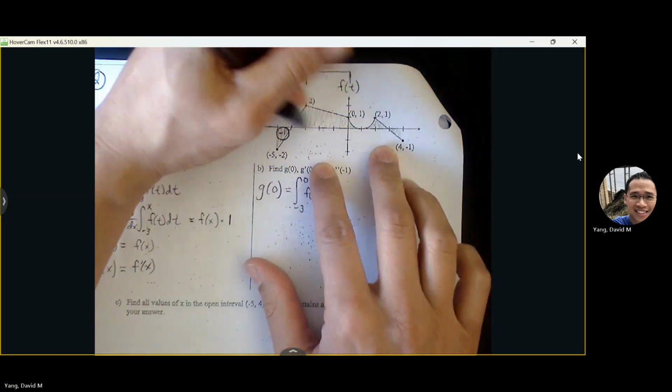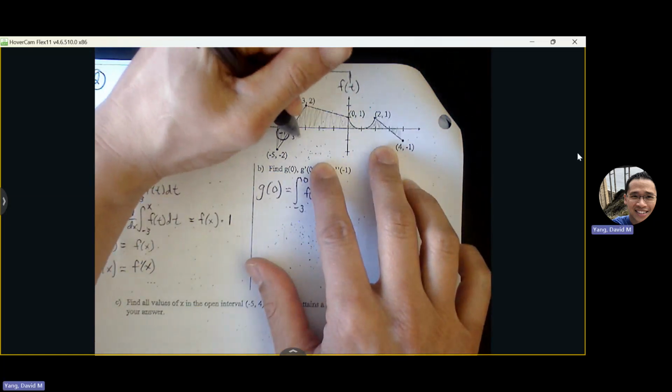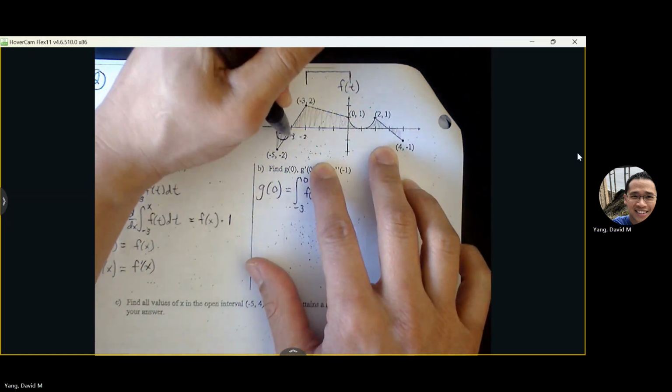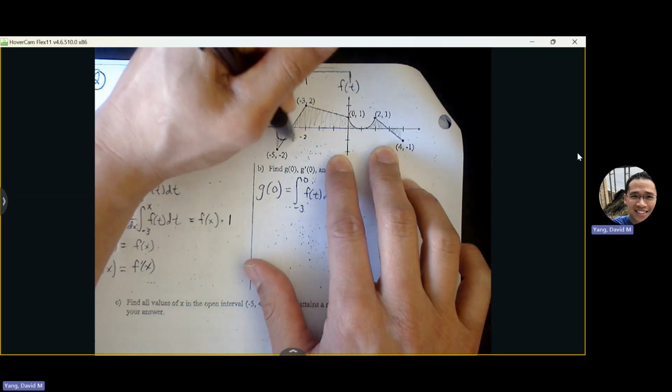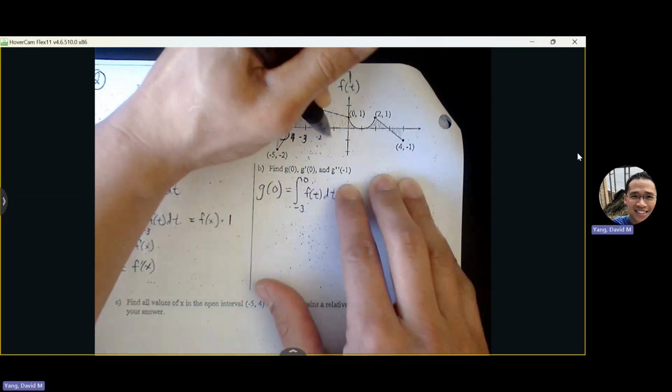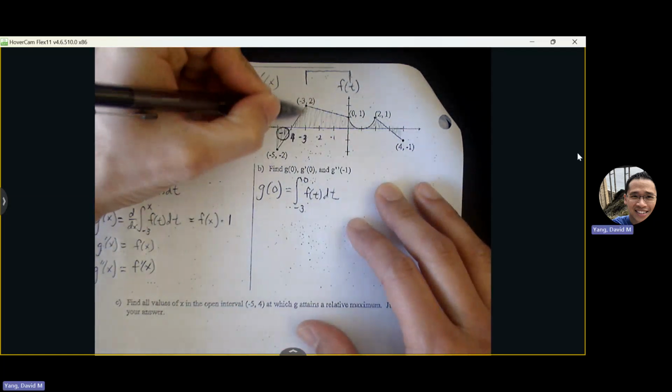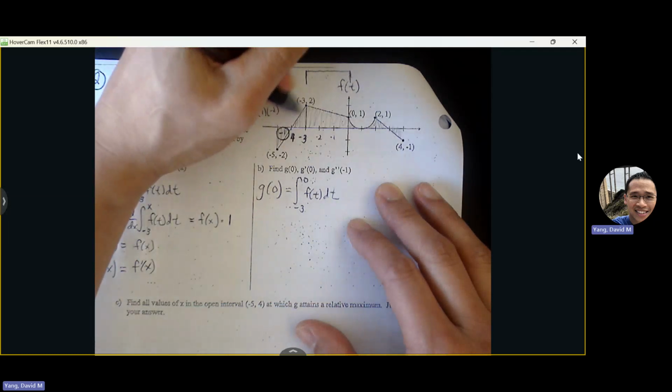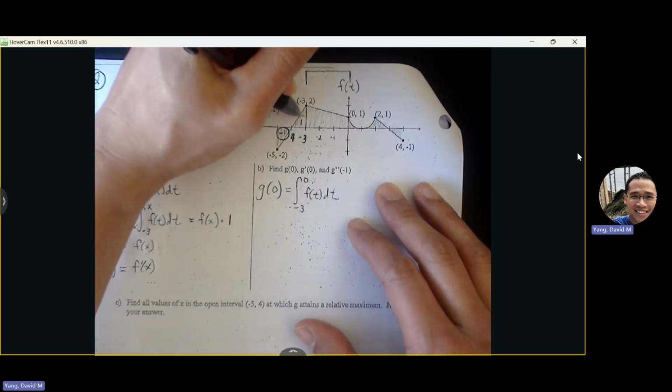From -3 to -4, sorry, -4 to -3. My bad, I found it wrong. This is -1. This region is also a triangle, 1/2 base times height, 1.